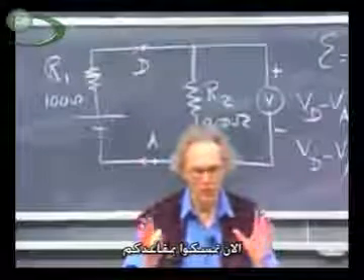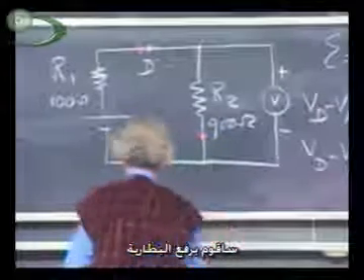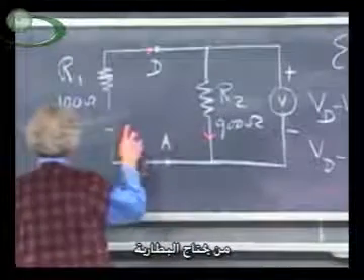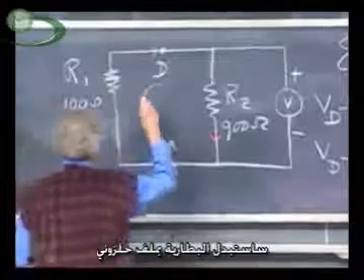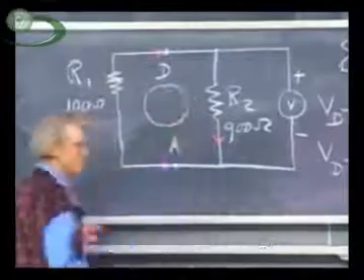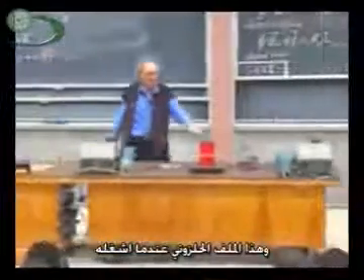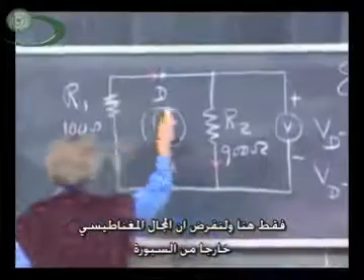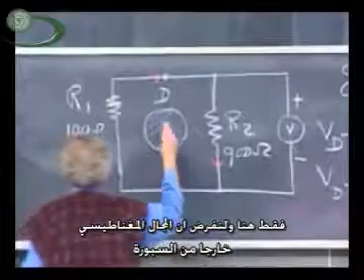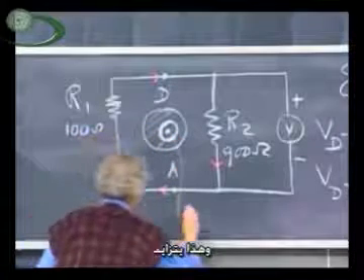Now, hold on to your chairs. I'm going to take the battery out. Who needs the battery? I'm going to replace the battery by a solenoid, which you see right here. And this solenoid, when I switch it on, is creating an increasing magnetic field, only here. And let's assume that that increasing magnetic field is coming out of the board, and that it is increasing.